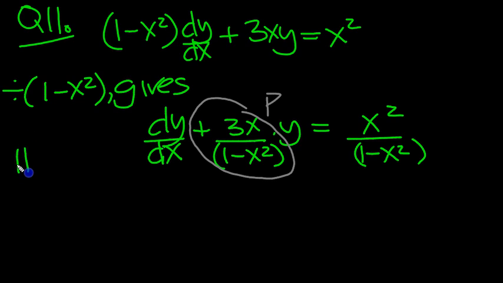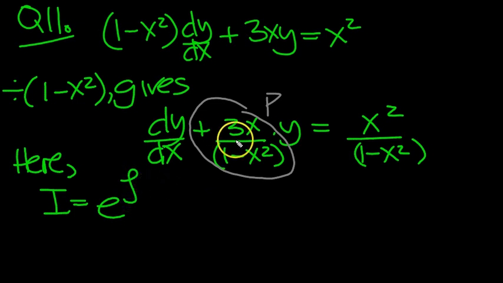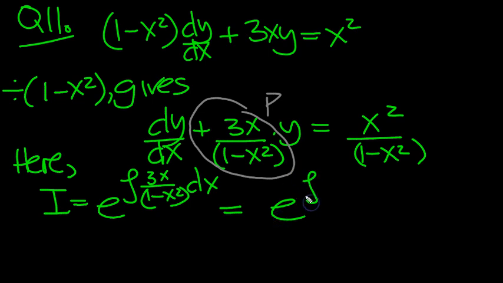So here, the integrating factor is e to the integral p dx, which is 3x over 1 minus x squared dx, which equals e to the integral.